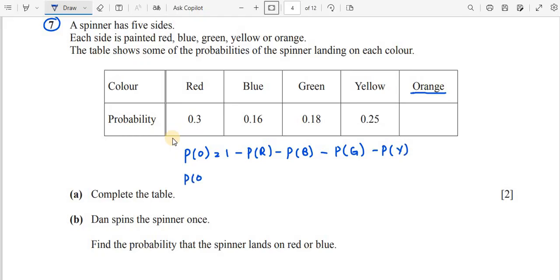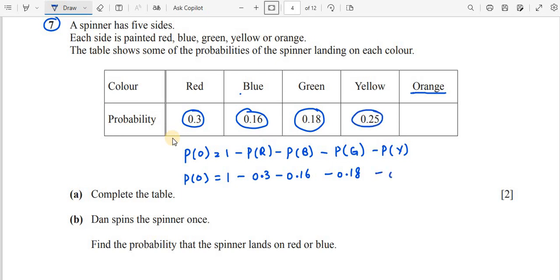So the probability of orange is 1 minus 0.3 minus 0.16 minus 0.18 minus 0.25. Calculating these values, we get the probability of orange is equal to 0.11.